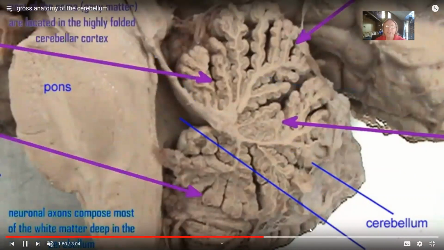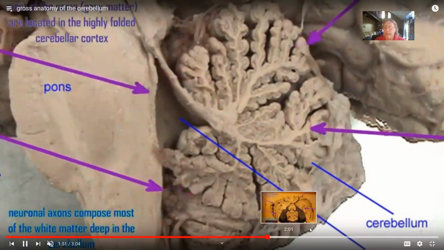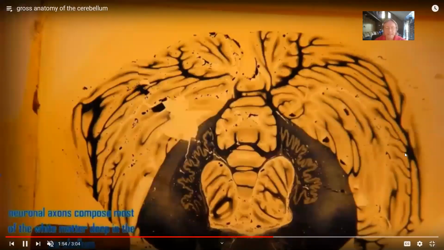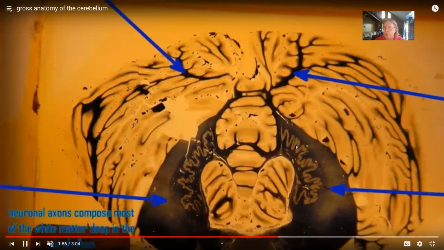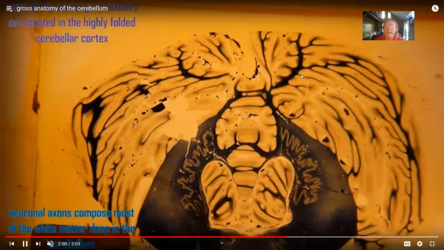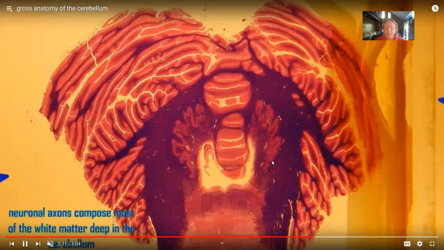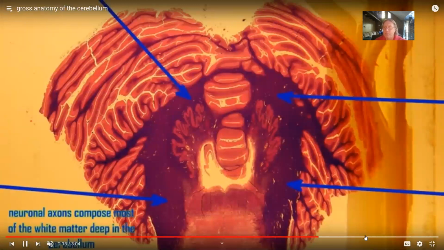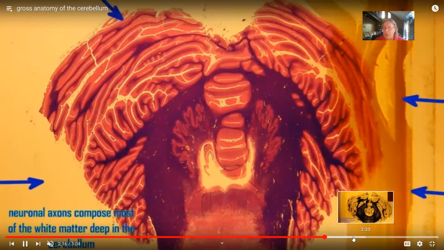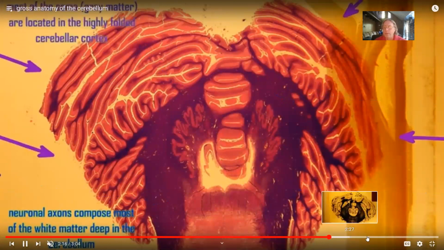In addition, however, there are some deep cerebellar nuclei which also have gray matter. So while the majority of the gray matter is in the outer cerebellar cortex, there is deep gray matter soma located in the cerebellar nuclei. The largest and most obvious is this highly folded dentate nucleus.